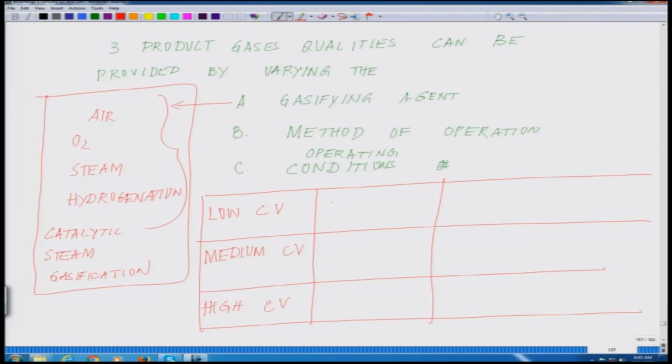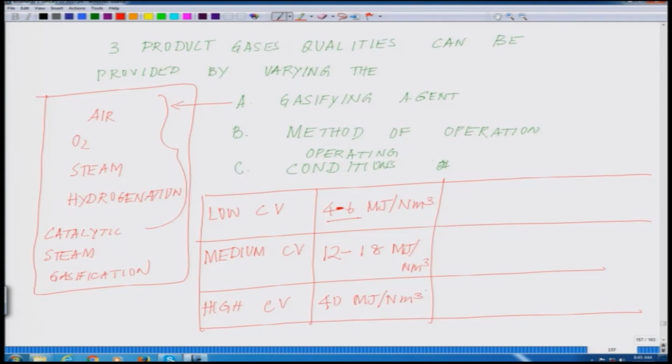And in terms of the numbers, low varies from 4 to 6 megajoule per Newton meter cube, okay, 4 to 6. Now, mark this number. So, you have the medium one, for which you get 12 to 18 megajoule per Newton meter cube, whereas for high calorific value you get 40 megajoule per Newton meter cube.